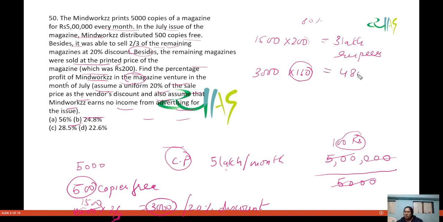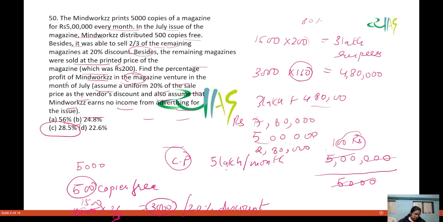What is the total amount here that we are going to receive? It is 4,80,000. 500 copies we are giving for free, we don't mind it at all. So we have 3 lakh plus 4,80,000. Okay, that means we have 7,80,000 rupees.